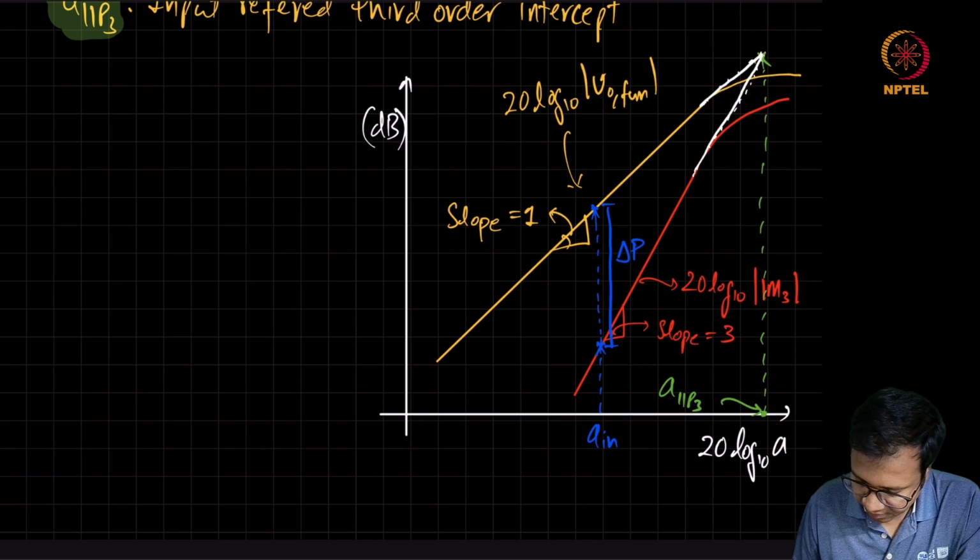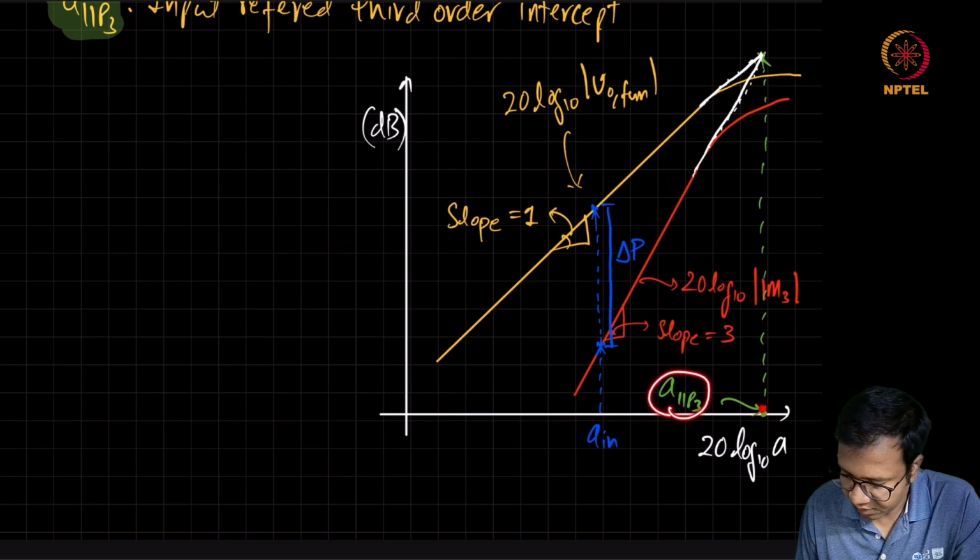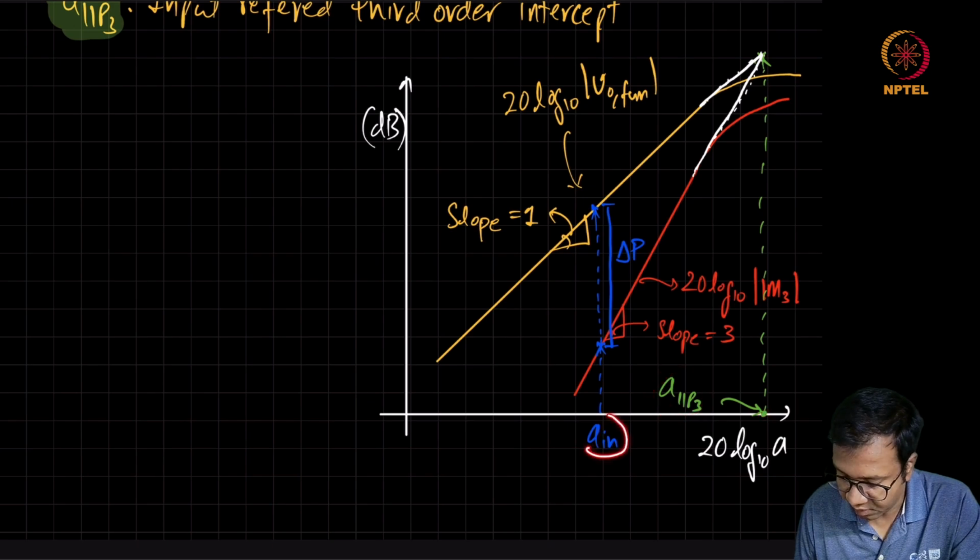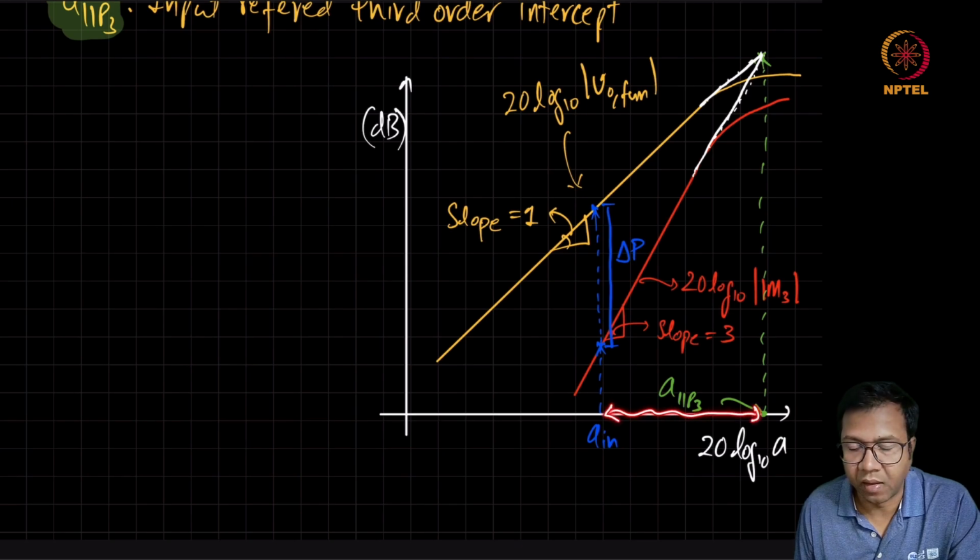Easily see that this AIIP3 is going to be equal to this input signal which we have applied plus the extra signal strength which is required to make this delta P 0.